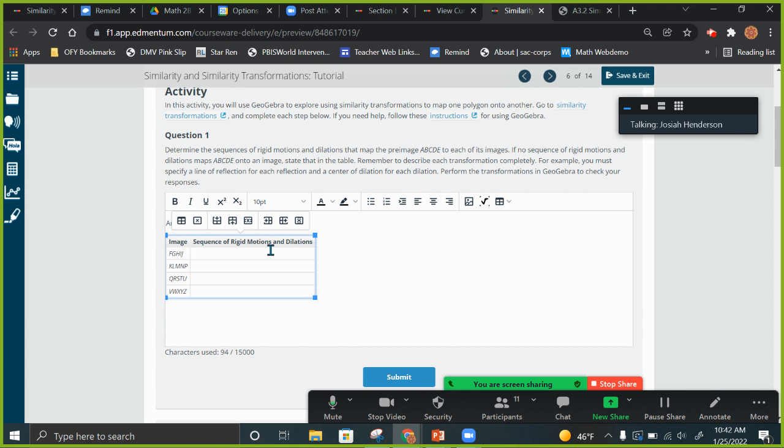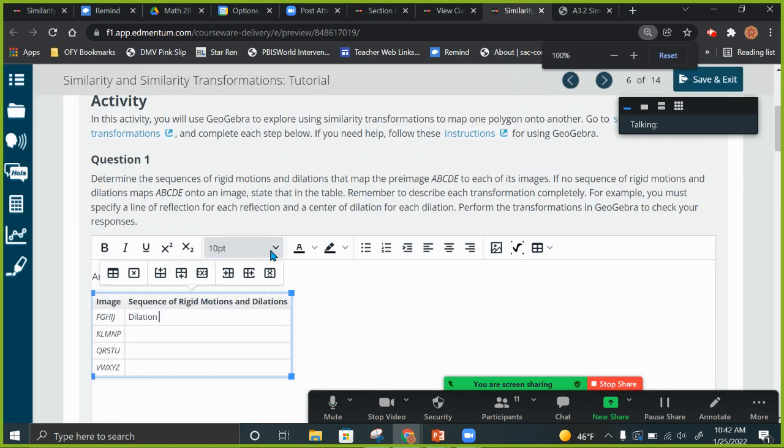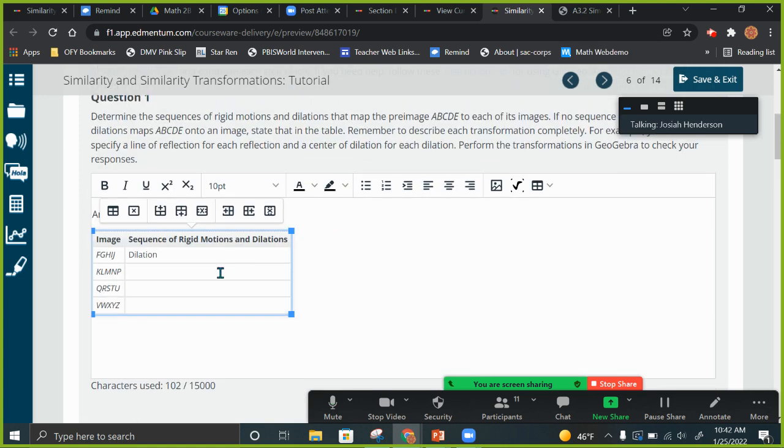So first we did a dilation. Zoom in. See this? So we did a dilation of 0.5. Then we did a rotation of 180 degrees. Last, we did a translation along the vector.